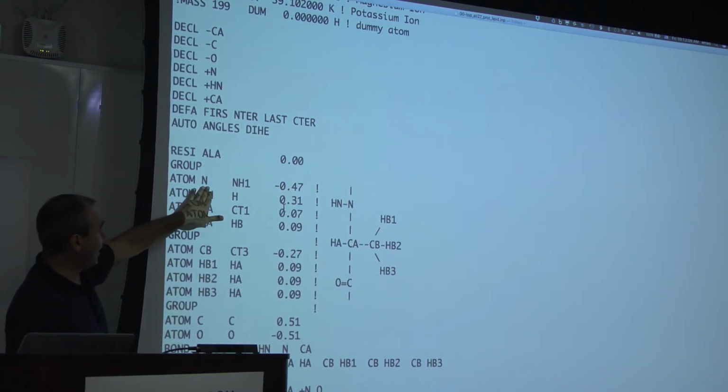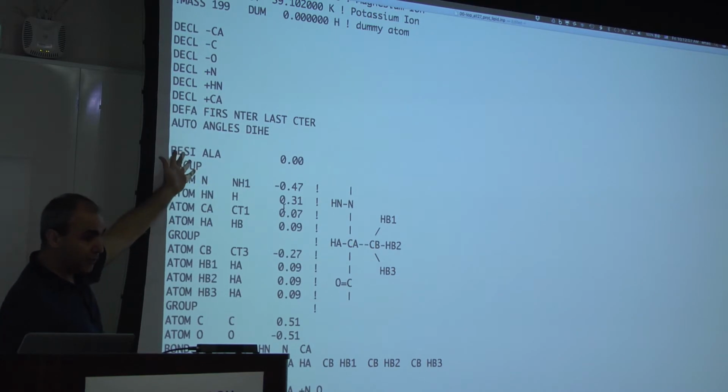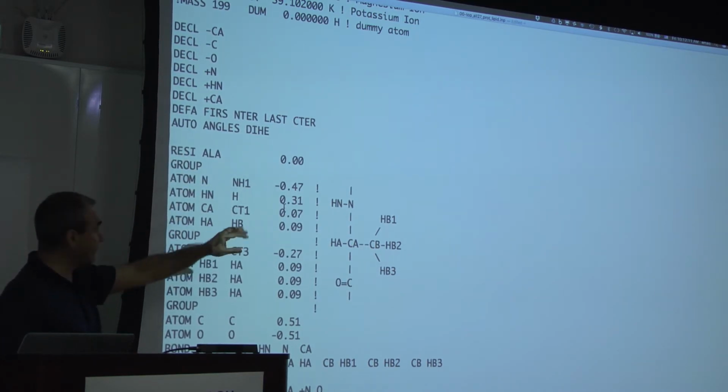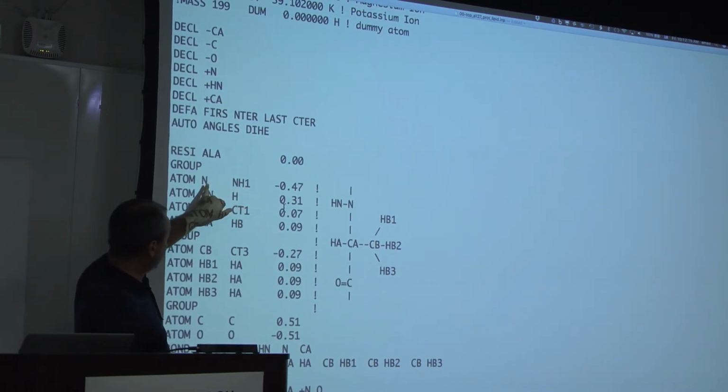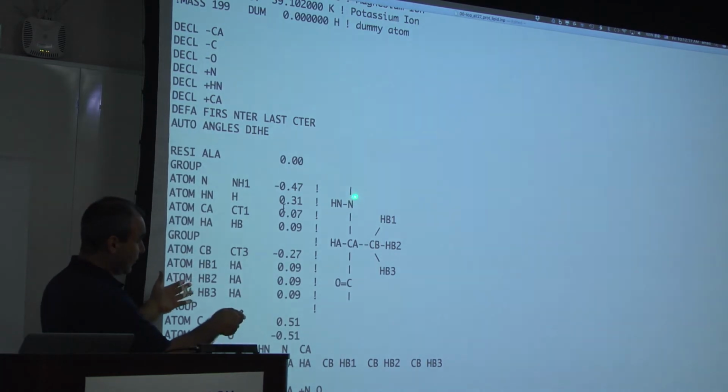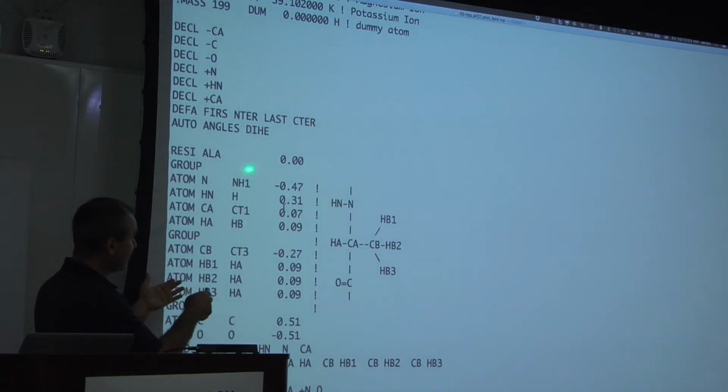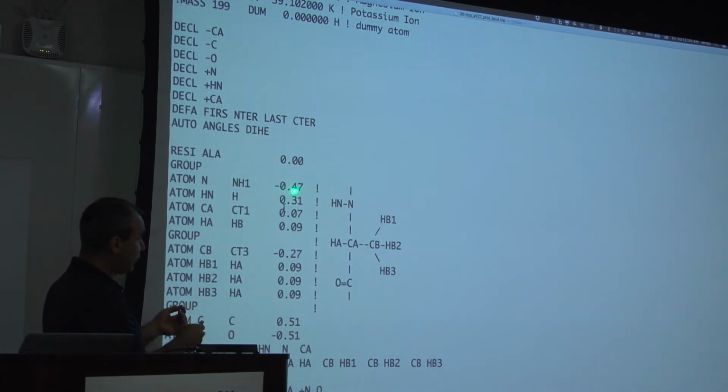They have the atom name, which should match what you have in your PDB. That's the atom name, that's the house address. Then you specify an atom type for it. The nitrogen in alanine, which is also drawn here for you, has an atom type NH1 and a partial atomic charge of minus 0.47.